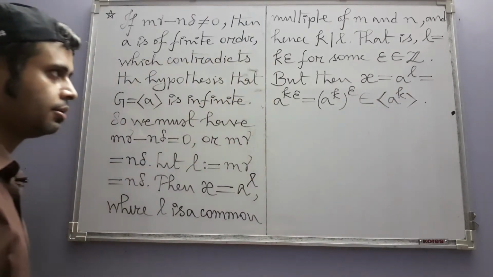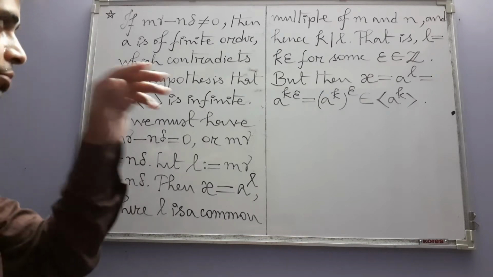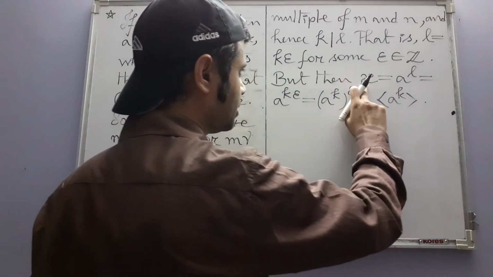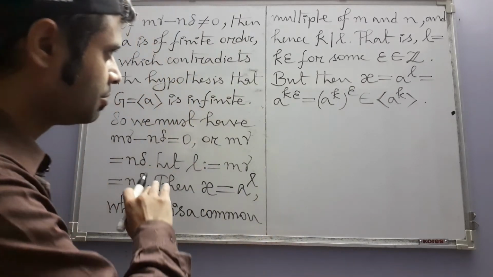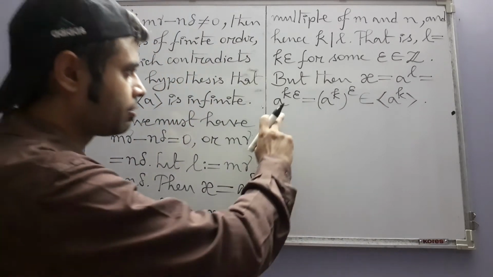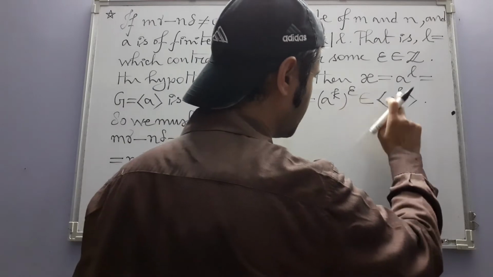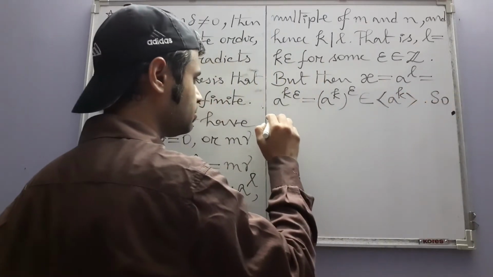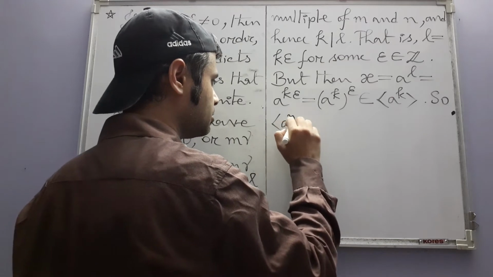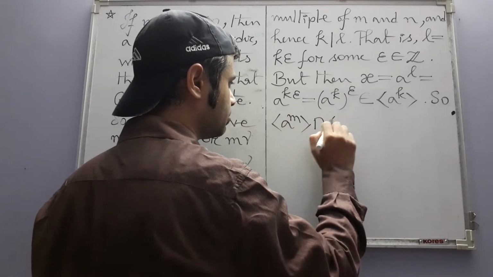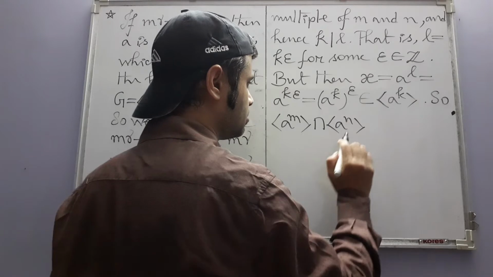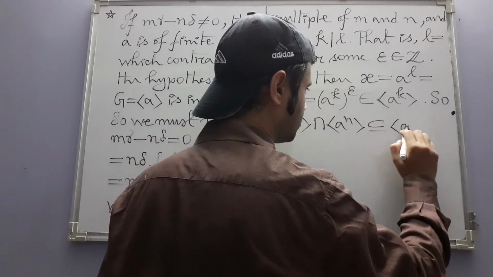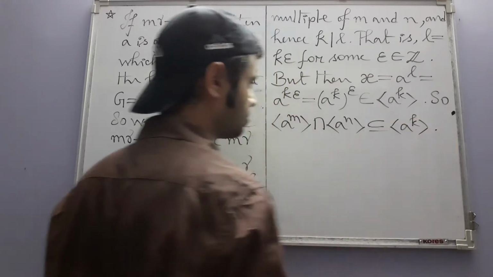So you recall where we started. We started by considering x to be any element in that intersection. So now we have managed to show that x belongs to this. So this intersection is also a subset of this.